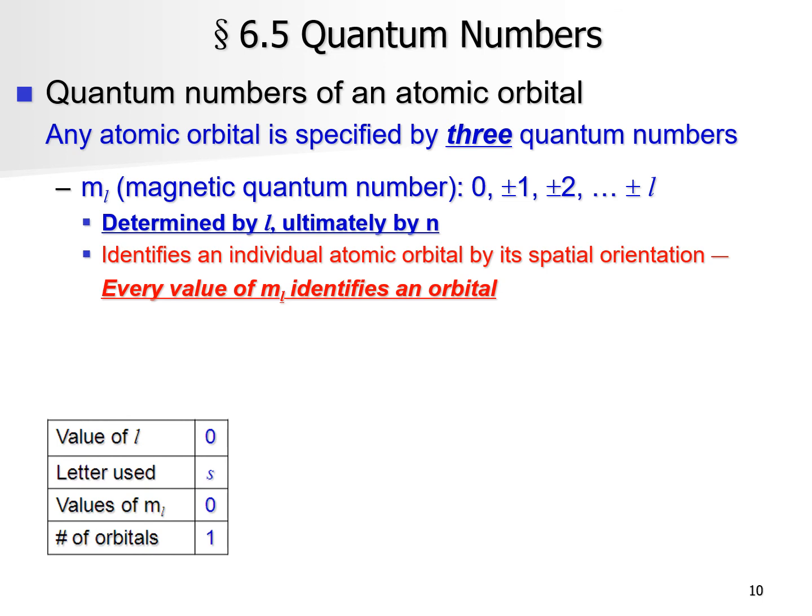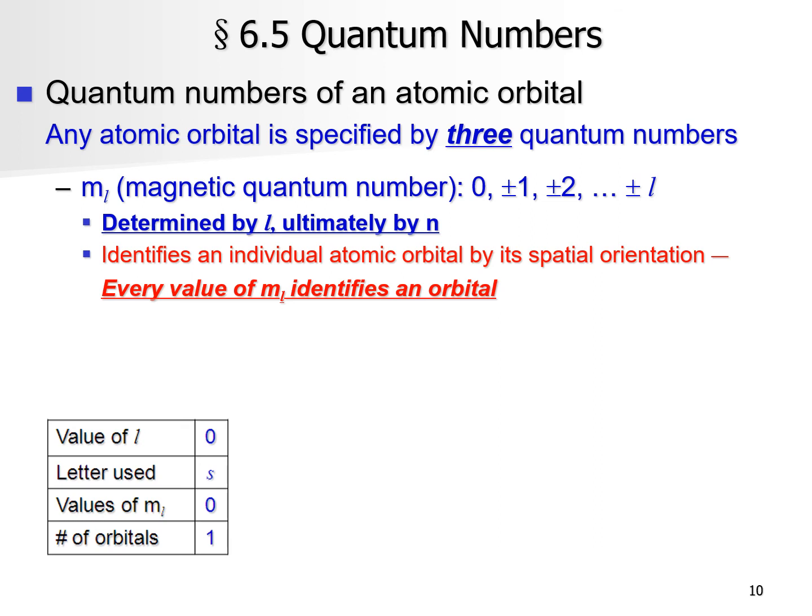So now let's look at the relationship between m sub l and l. As we understand here, if l equals 0, the letter we use is s.